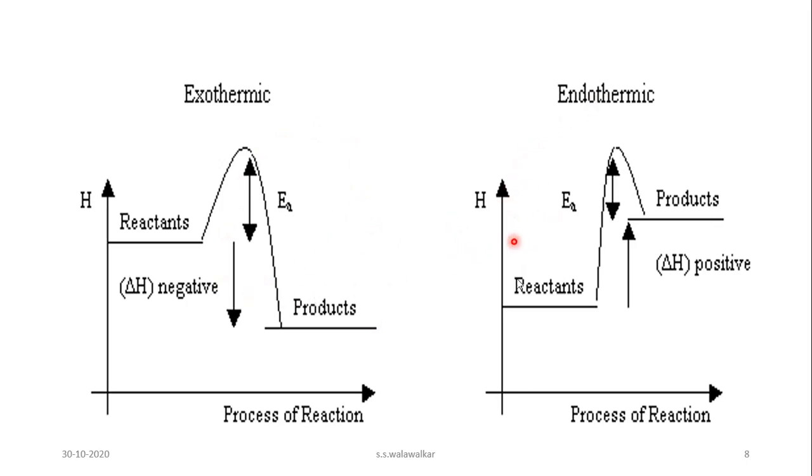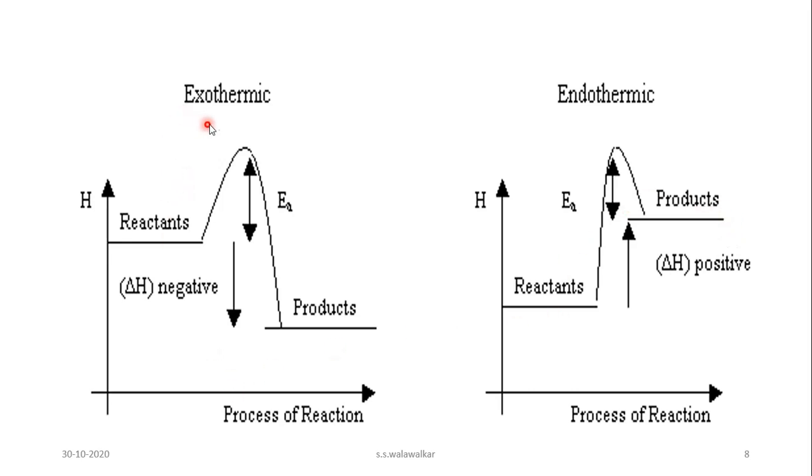In endothermic reaction, when enthalpy is plotted against progress of reaction, the reactant has less enthalpy than product, and therefore which is more stable? Reactants are more stable than product, and therefore delta H is positive, and therefore products are less stable than reactant.